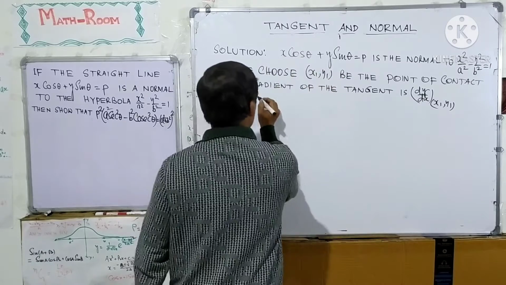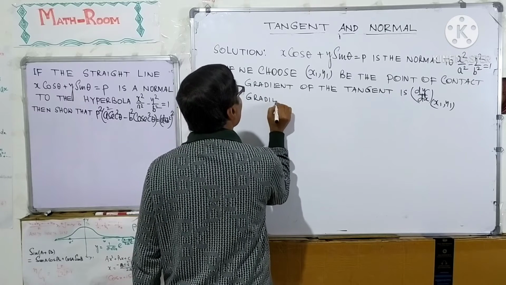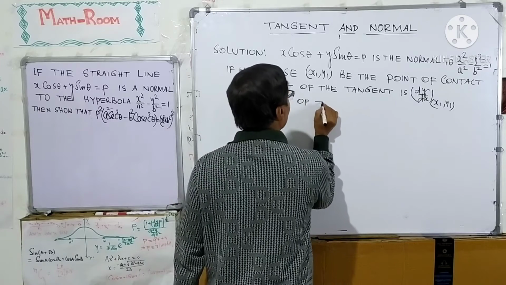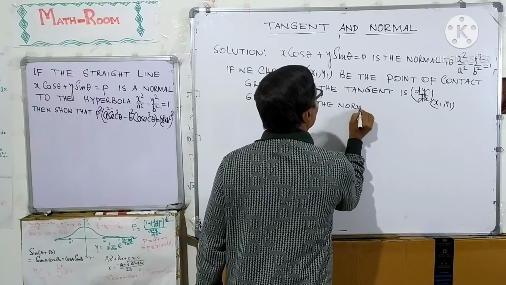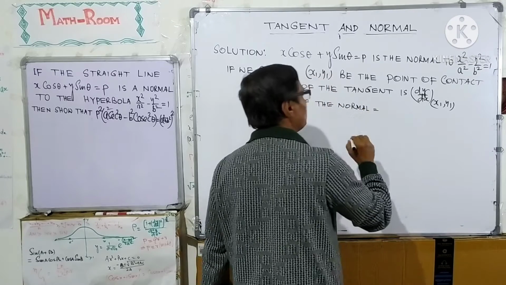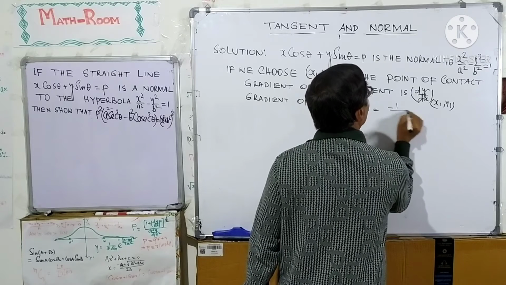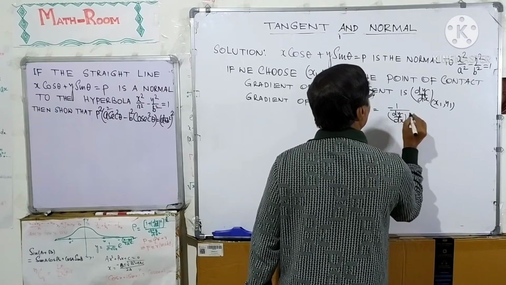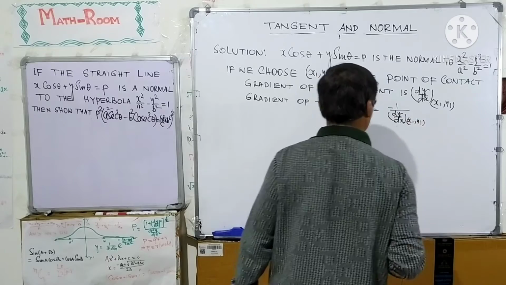So, the gradient of the normal is equal to the negative reciprocal, that is minus 1 over dy dx at x1 y1.